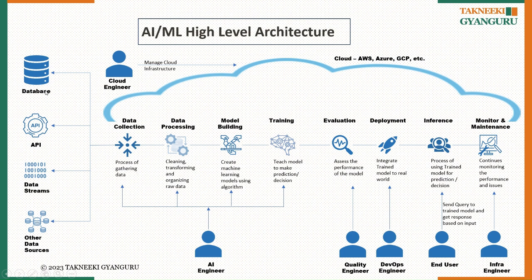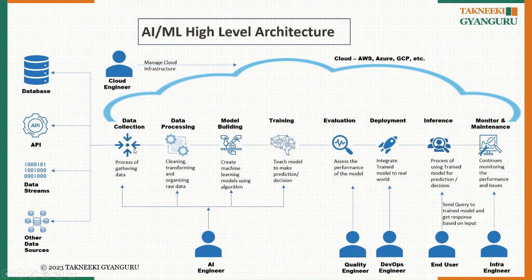Here on the left hand side, you can see lots of data, right? The data can be a database, some APIs, data streams, other data sources like Excel or Access, or maybe a notepad, anywhere, any data. The data should be in this form, right?